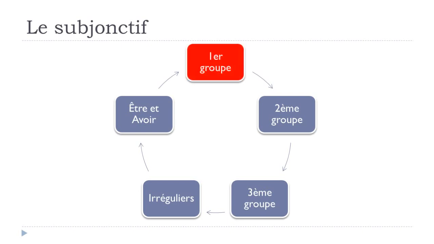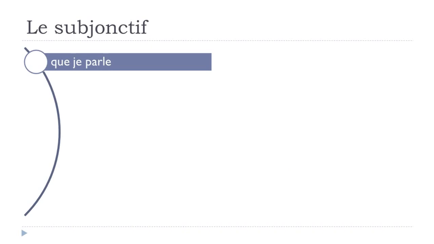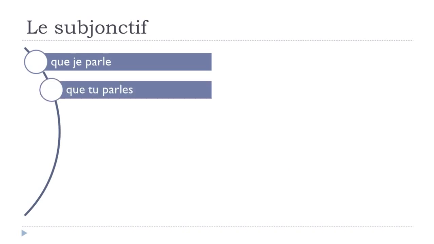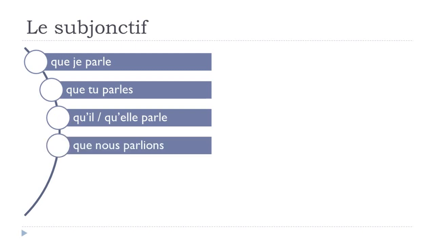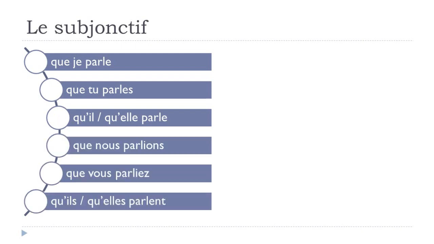Okay, so let's see now the first group, and you will see that it's quite easy because we get que je parle, que tu parles, qu'il parle, qu'elle parle, que nous parlions, que vous parliez, qu'ils parlent, qu'elles parlent. All right, this is the subjunctive, and it's quite interesting because if you take the time to look at it, que je parle, it's exactly the same form as the present form. Que tu parles, same thing.